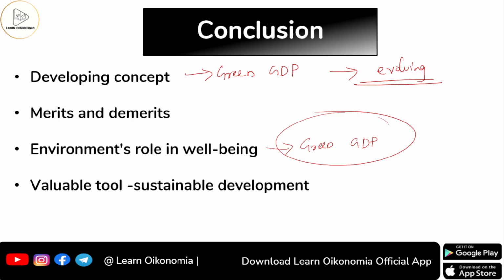Definitely, we will be able to arrive at a sustainable development scenario if we make our policies dependent on green GDP. But for that, we should have a proper green GDP metric, a proper green GDP measure. But unfortunately, we do not have any method to compute the exact environmental cost. That is the main problem here.